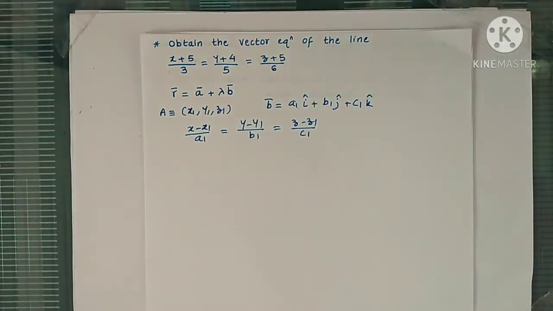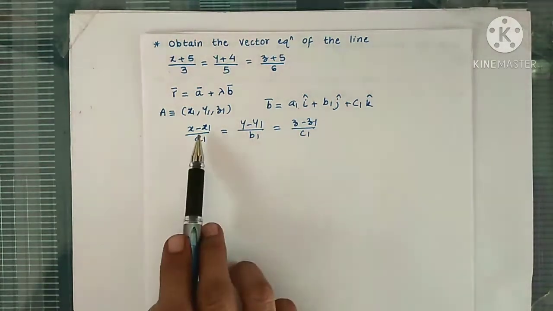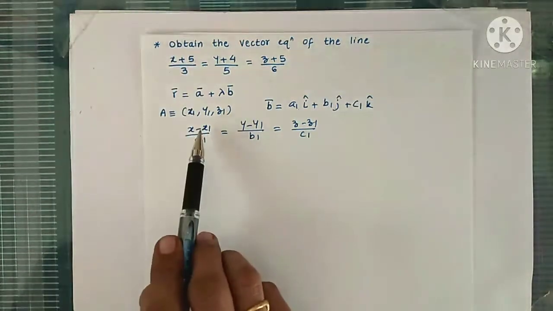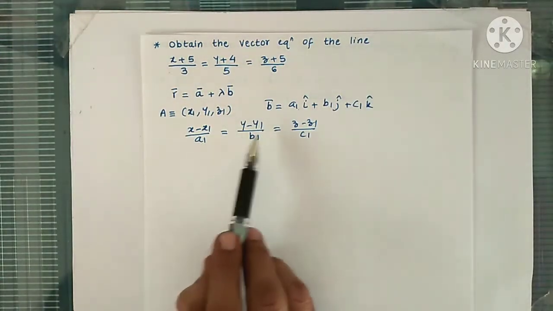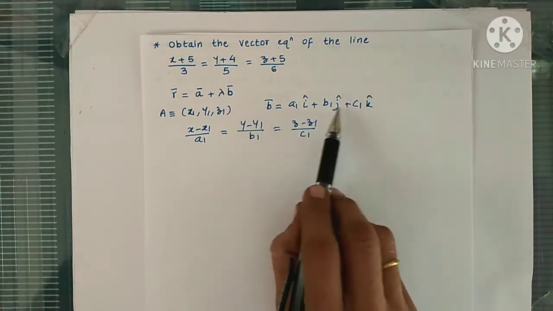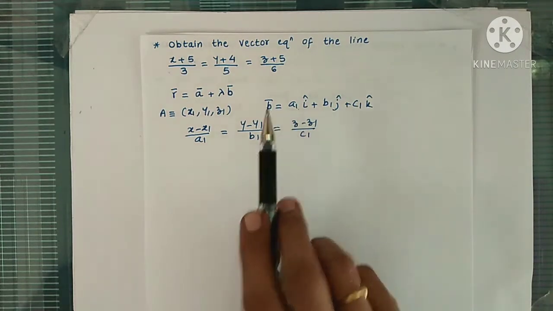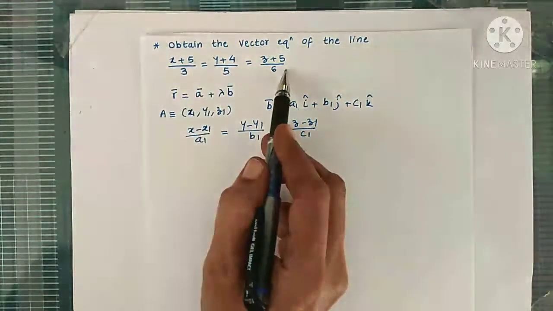So in this question, the equation of the line is given in this form. See, (x plus 5) by 3, like (x minus x1) by a1. So those terms in the denominator are the direction ratios of the line, and the direction ratios form the vector which is parallel to the line. Here the values of a1, b1, c1 are 3, 5, 6.